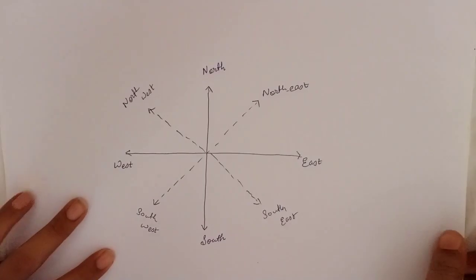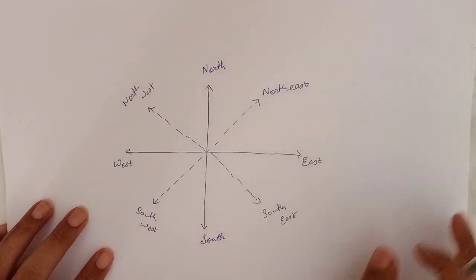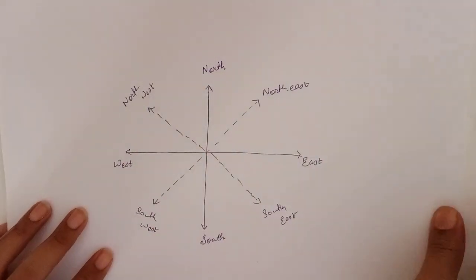So these are 8 directions which we need to remember in order to solve the questions of this chapter, which are north, south, east, west, northeast, southeast, southwest and northwest.